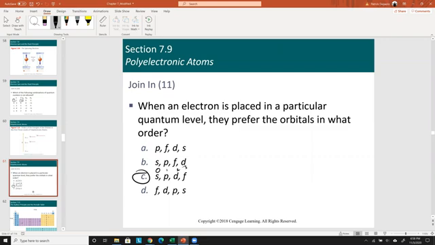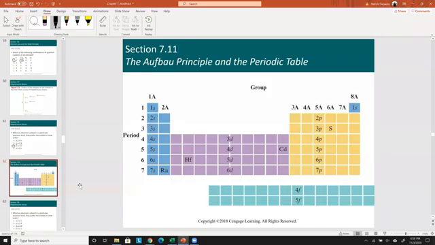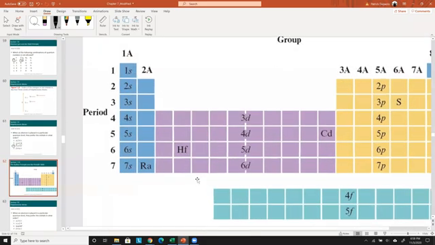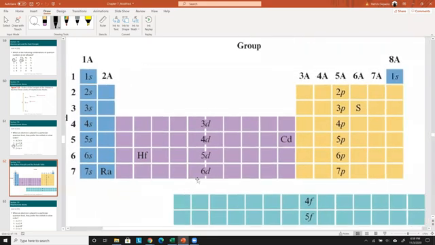All right, now let's take everything we learned. We have all these different energy levels. We have their L values, which tell us their letter, S, P, D, or F. They have their spin and all that stuff. Let's relate it to the periodic table. So look at that, boom. This is the periodic table annotated with the orbitals.